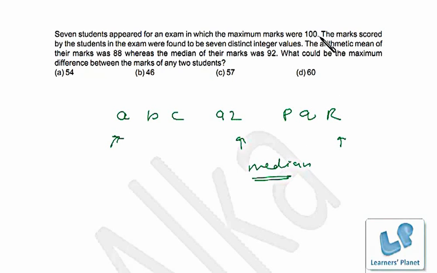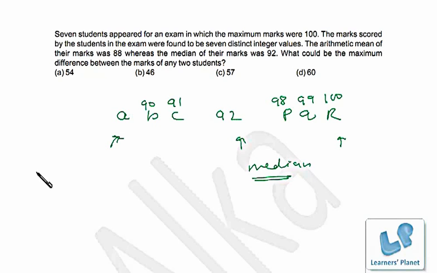Since the maximum marks are 100, I give 100 to R, 99 and 98. Now these three numbers should be less than 92, so the maximum can be 91, 90, and now I have to find the value of A.